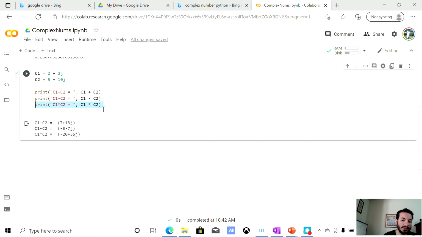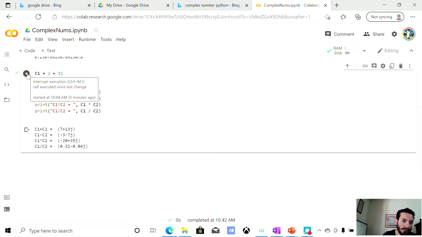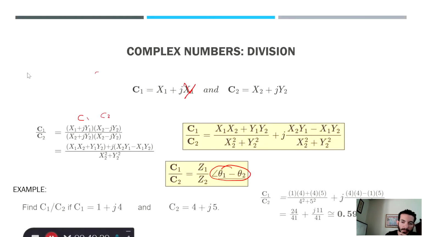But you can also use Python or your calculator to do this for you, and this will give you the answer 0.32 minus 0.004j. Excellent. So it's basically really following the formula.